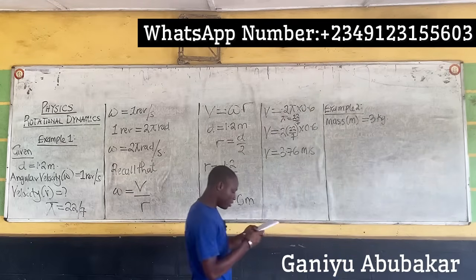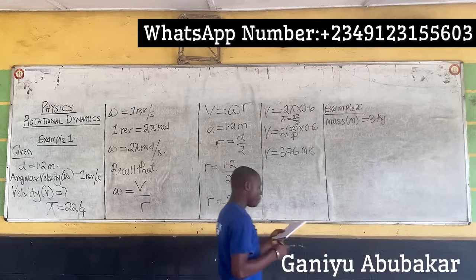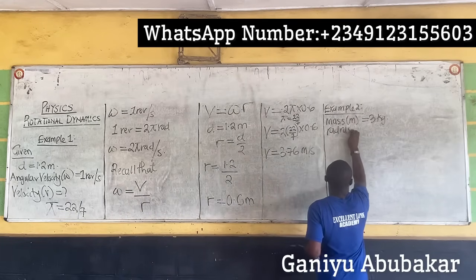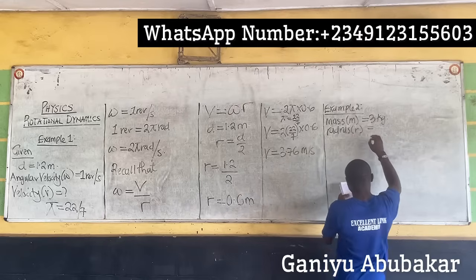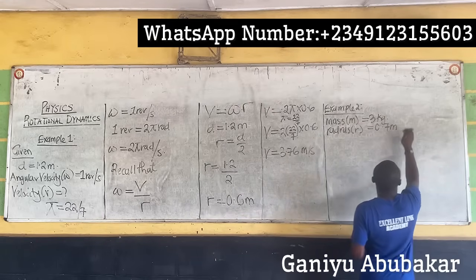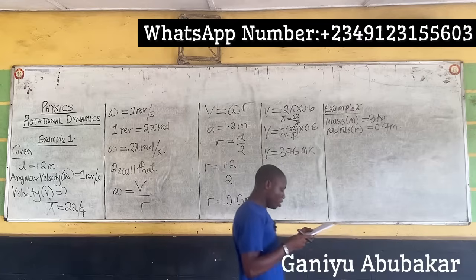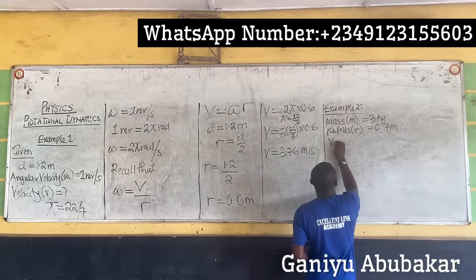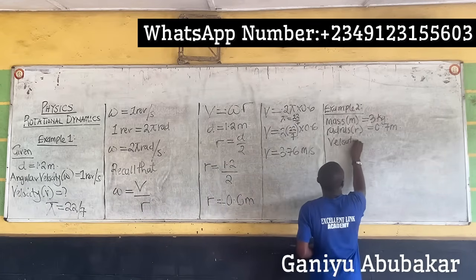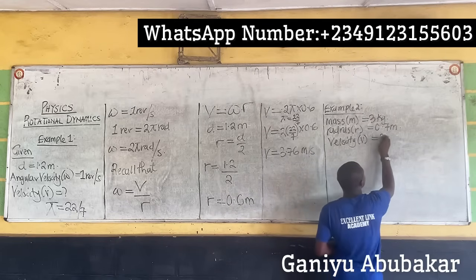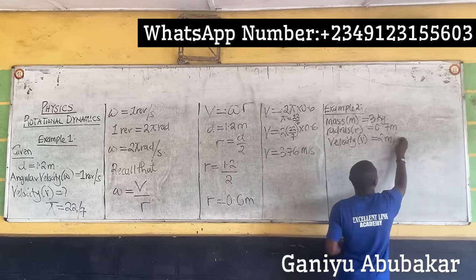Proceeding, it moves in a circular path of radius, so radius r is equal to 0.7 meters. Records a speed, so speed is the velocity, that's v, that's 2 meters per second.